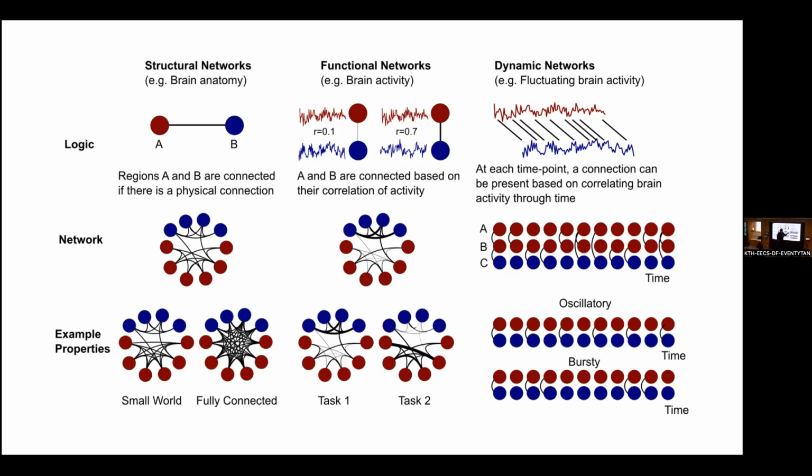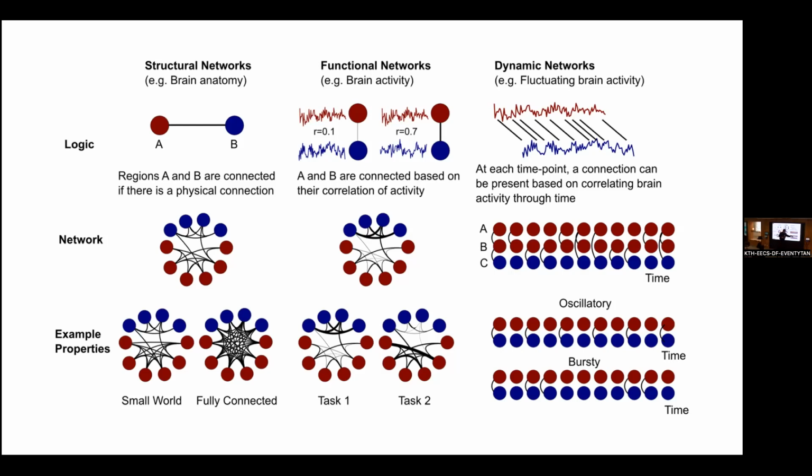And then in this schematic here, we have 3 different brain regions, A, B, and C. We can deduce when there is activity over time. It changes over time. So here is just a static picture over the whole experiment that you have in the scanner. Here you can look at activity that changes over time. For instance, if there is oscillatory activity, there are certain time intervals where you have a recurring pattern of activity.